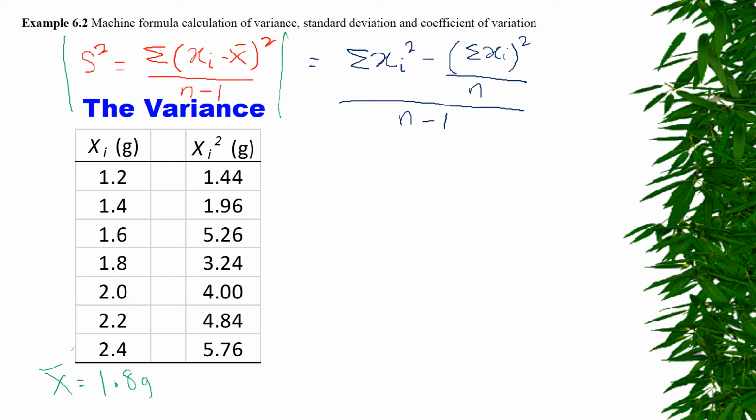Later on, you need to find the sum of squares. So for the sum of squares, you take 1.2 minus 1.8, and then you square it. So you get this information, and then you do all the way down, and then you get the sum of squares for this sample. So these are the two extra steps for this one.